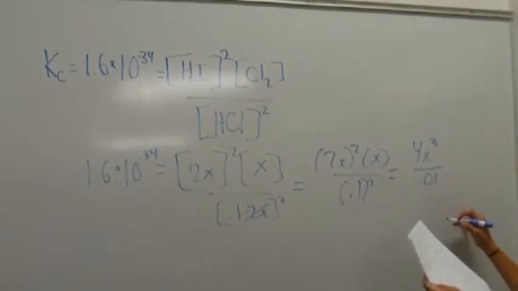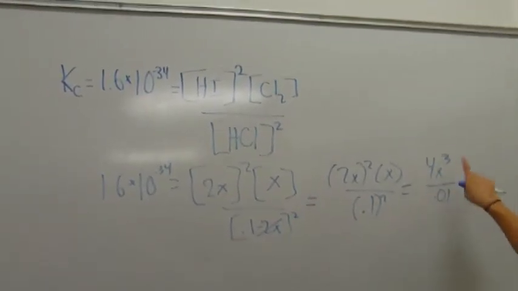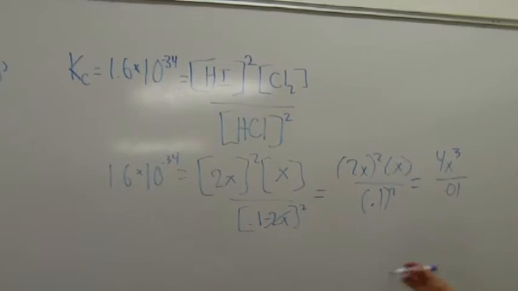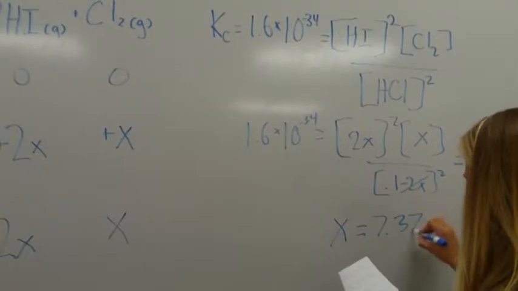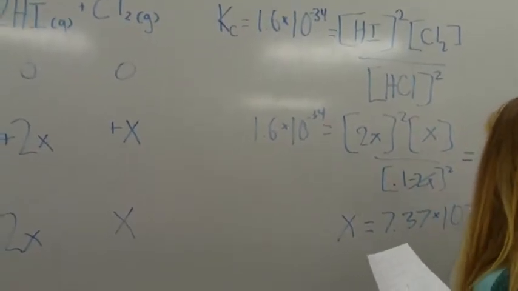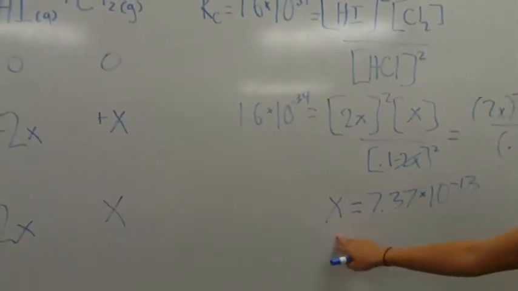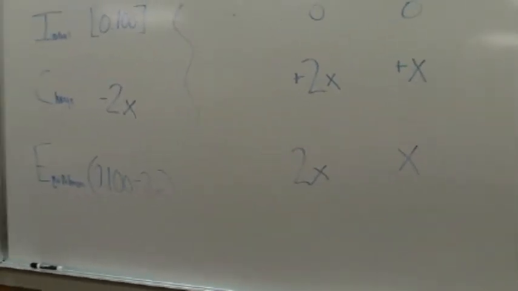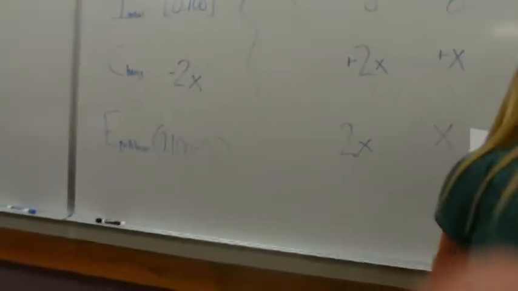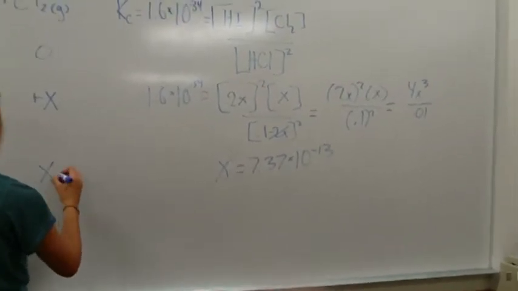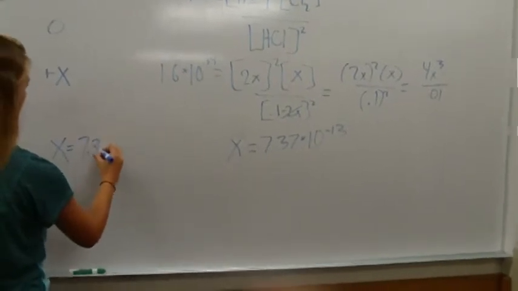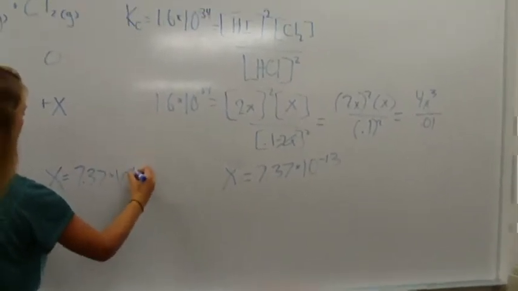And when we just use algebra with that, we end up with x equals 7.37 times 10 to the negative 13. So now that we know what x is, we plug x in over here to find our equilibrium concentration. So our concentration for Cl2 is just x, so it's 7.37 times 10 to the negative 13.